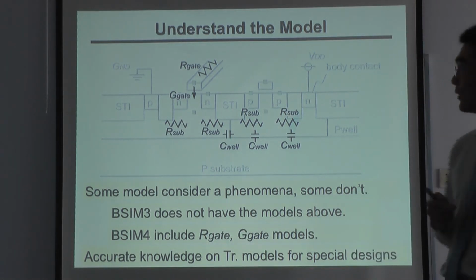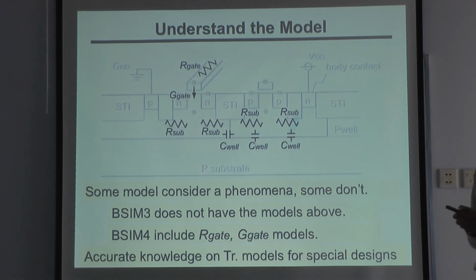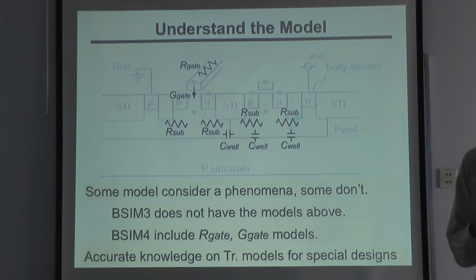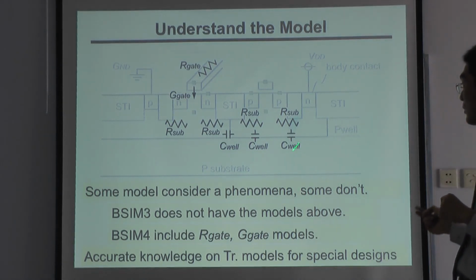So the main difference between BSIM3 and 4 for our circuit designer side is the gate resistance and gate leakage. And BSIM4 does not include this kind of RC, so once we want to take care of the substrate noise, we have to do this.